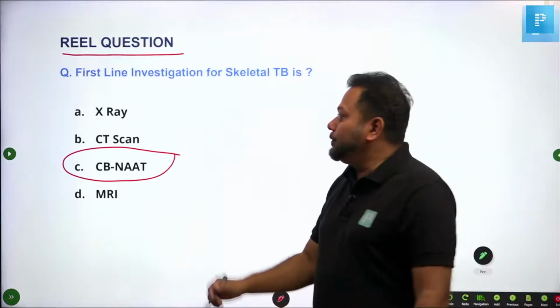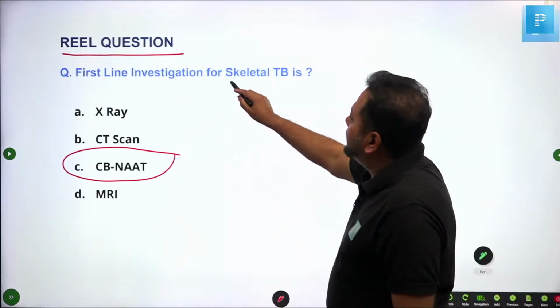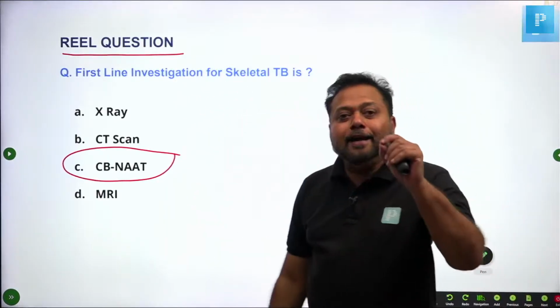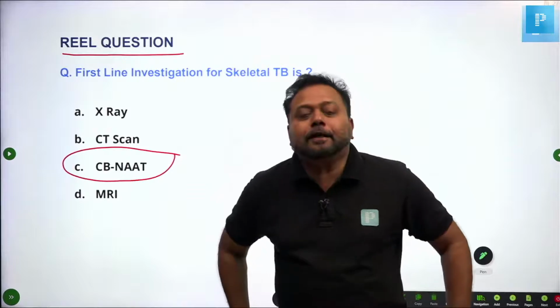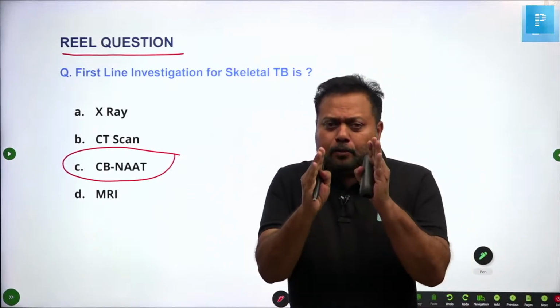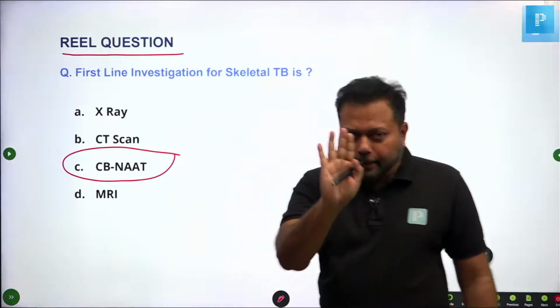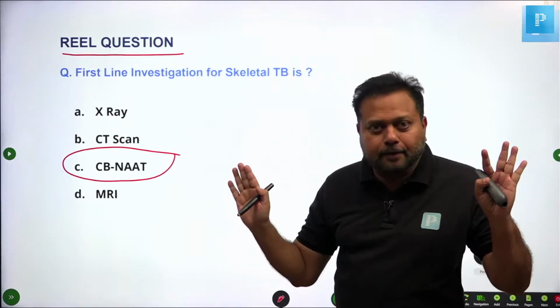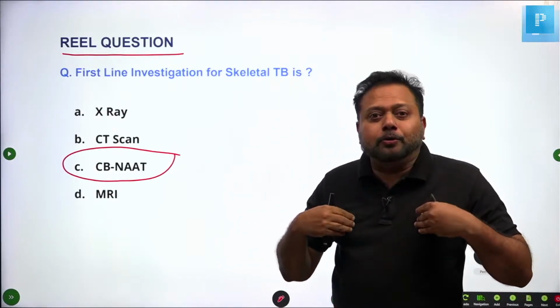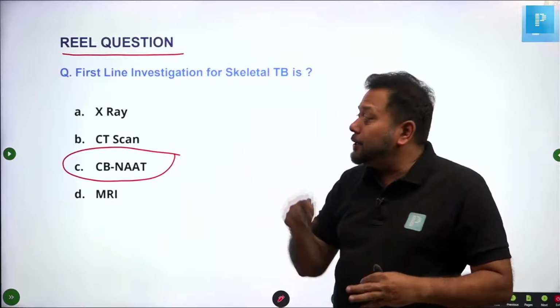You see here, the first line investigation for skeletal tuberculosis is CB-NAT. Please focus your fullest attention. Skeletal tuberculosis means extrapulmonary tuberculosis. Yes or no? If pulmonary tuberculosis, the first line investigation should be X-ray.